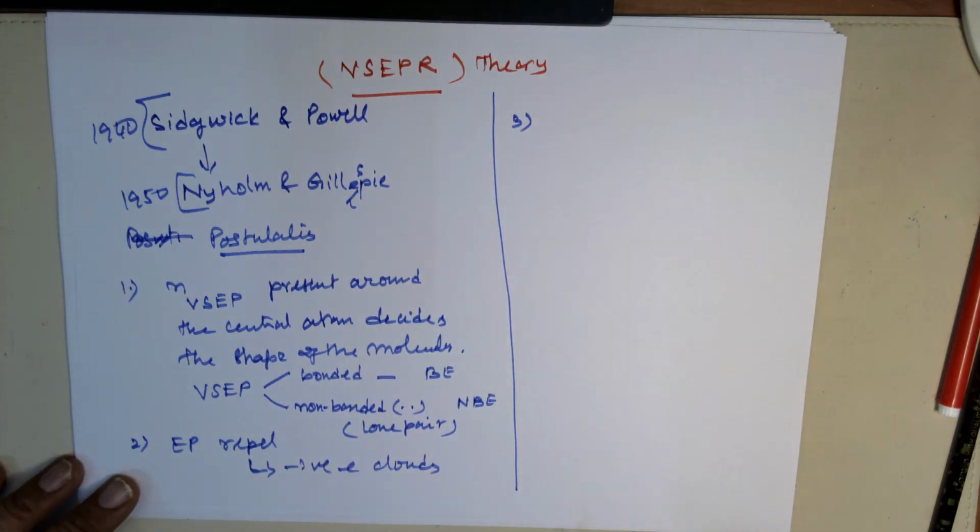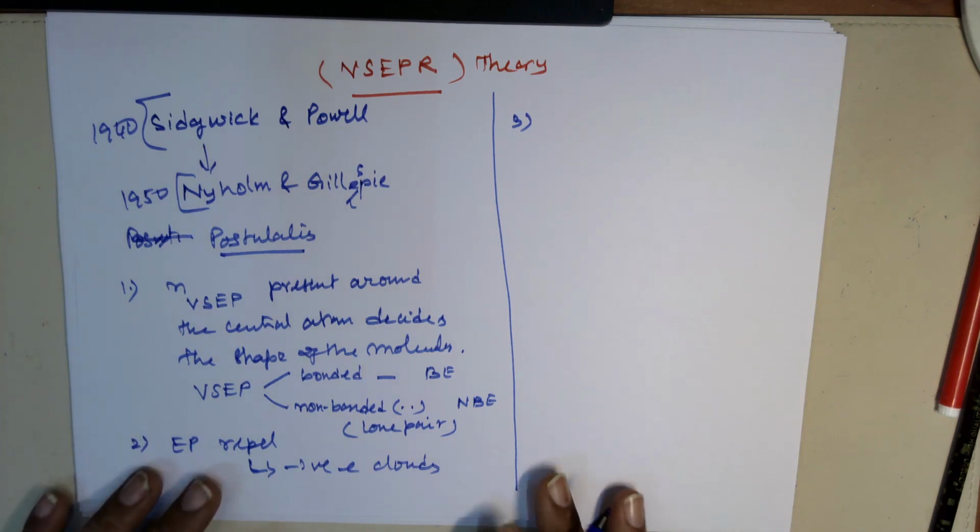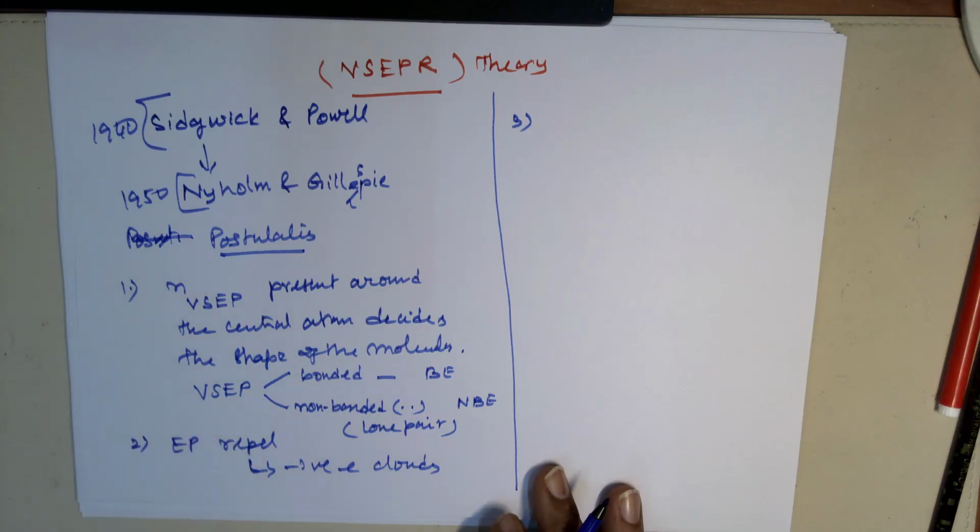Third, these electron pairs arrange themselves, in order to avoid some fighting, some confusion, some excitation, so they try to keep afar. Afar means keep a distance. Okay.